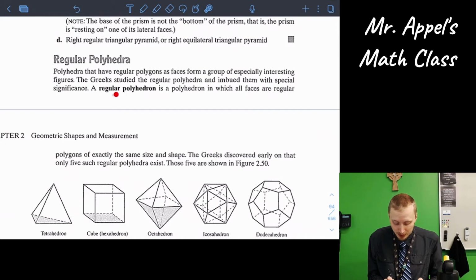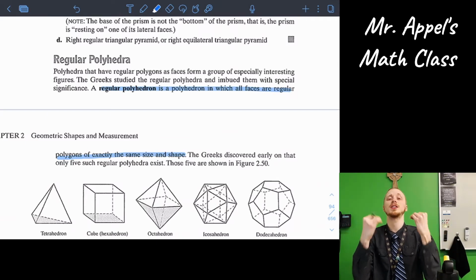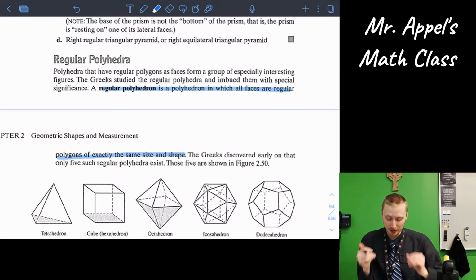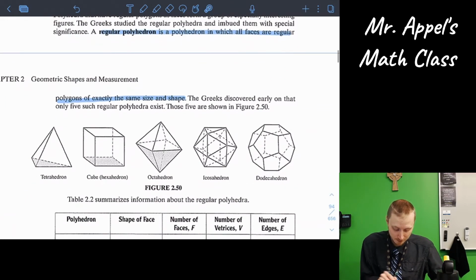So, a regular polyhedron is a polyhedron in which all faces are regular polygons of exactly the same size and shape. Okay? Not just any set of, well, it has all regular, but it's all the same regular polygon. The Greeks discovered early on that only 5 such regular polyhedra can exist.